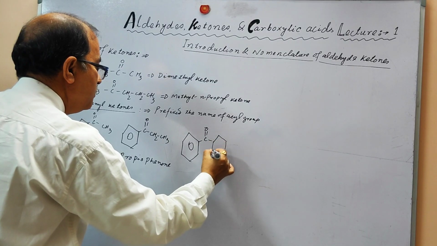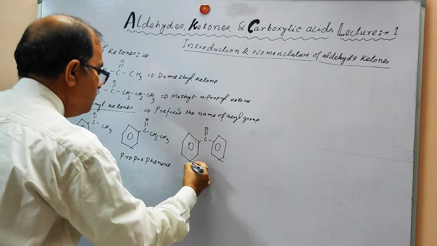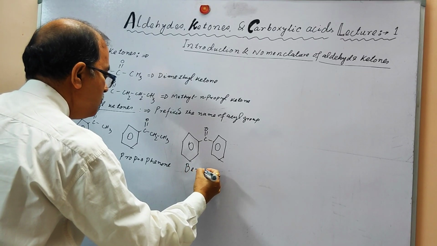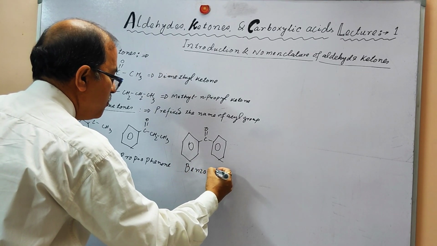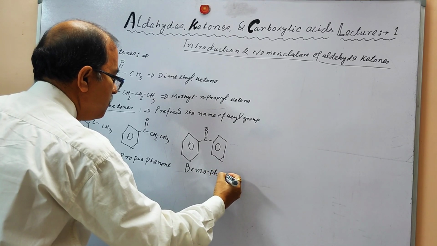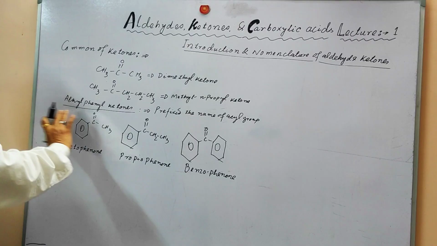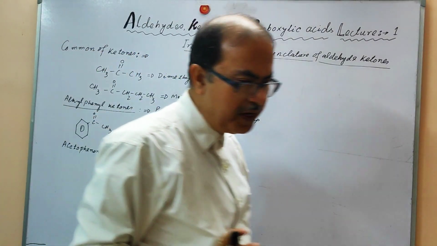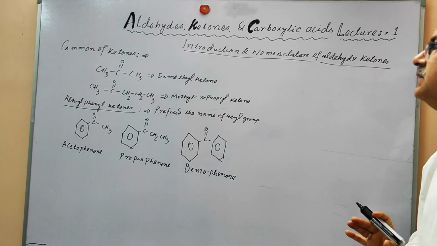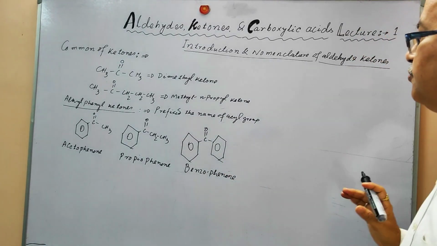In this case the name is benzophenone, right? So this is for the alkyl phenyl ketones. Okay, so we understand the common names of the aldehydes and the common names of the ketones.